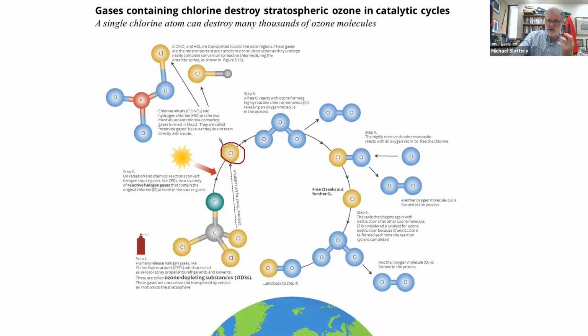The majority of that chlorine that is freed from the CFC ends up in these so-called reservoir gases. Chlorine will join with hydrogen to form hydrogen chloride. Chlorine will also form with nitrogen and oxygens to form chlorine nitrate. These 2 are the most important reservoir gases.